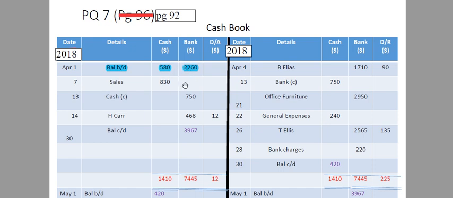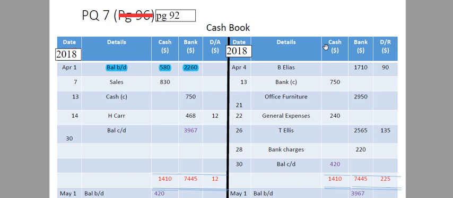Sometimes you will notice that the balance brought down in the bank can be on the credit side if it is a bank overdraft, and you know what a bank overdraft is. So if in a period you ended up with a bank overdraft, the next period you would start on the credit side as a bank overdraft, and that will be your liability. Cash will always start on the debit side, cash in hand, or there will be zero cash. So you cannot start the cash column on the credit side, it's impossible.